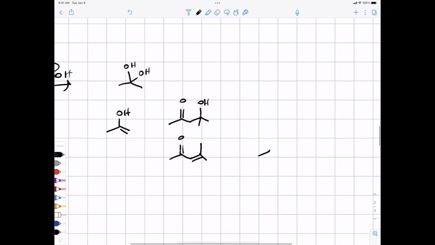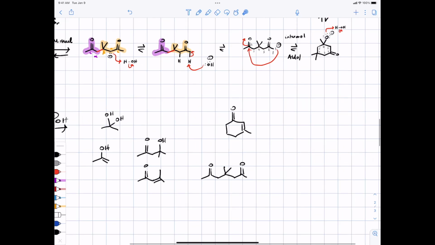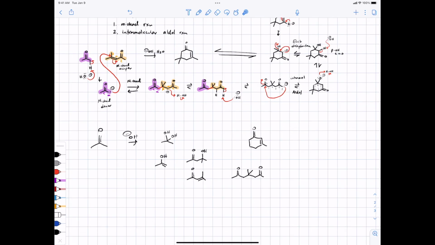Hold on, we could do a Michael reaction. Nope, that isn't it. You could do a Michael reaction. Oh wait, you could go on to do a Robinson annulation. Hold on just a second, isn't that also an alpha beta unsaturated carbonyl compound? Couldn't I do another Michael reaction? Probably. So that's kind of an unfair question to ask.